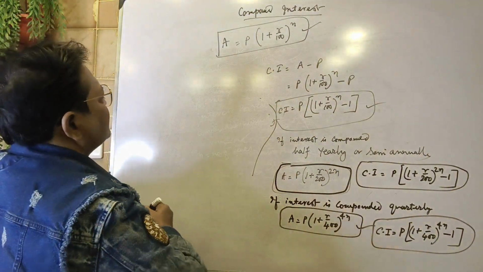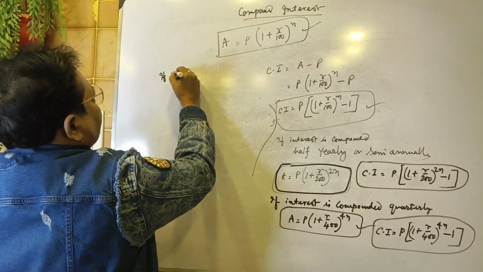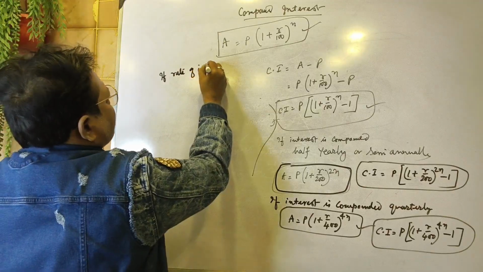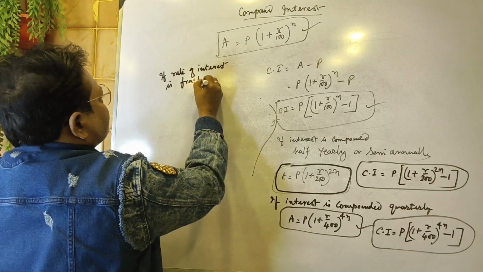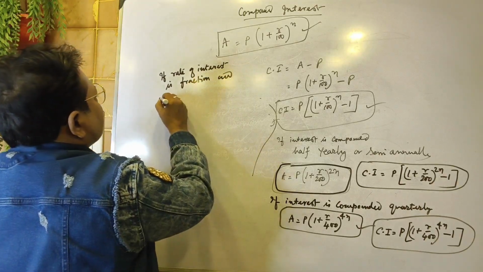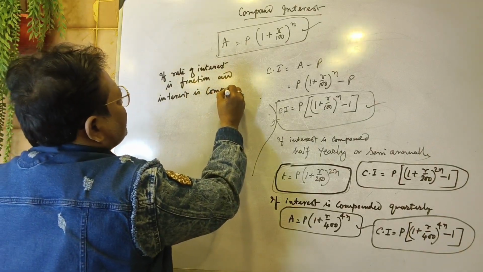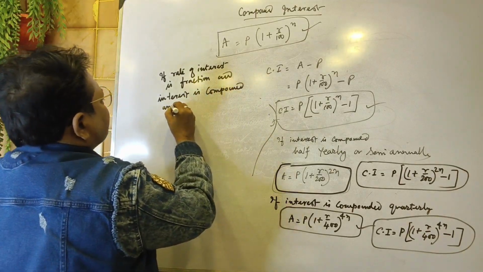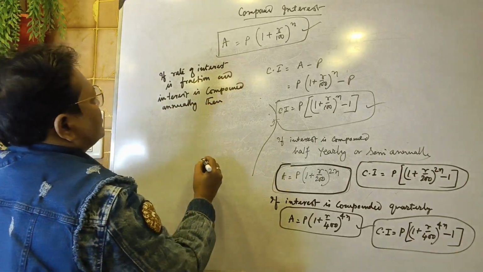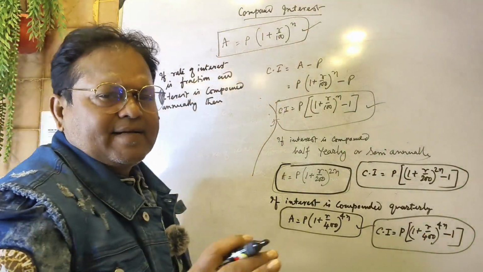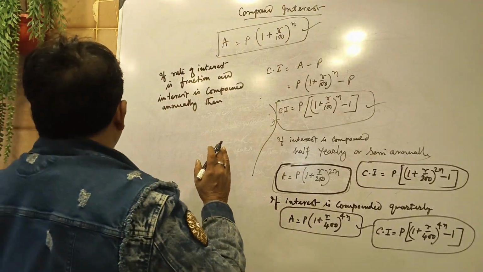If the rate of interest is a fraction and interest is compounded annually, then the formula is slightly different. In this case, the formula is slightly different. Then what will be the formula?